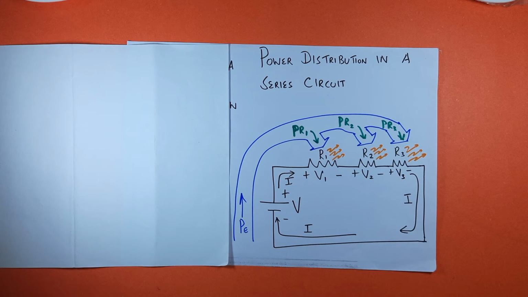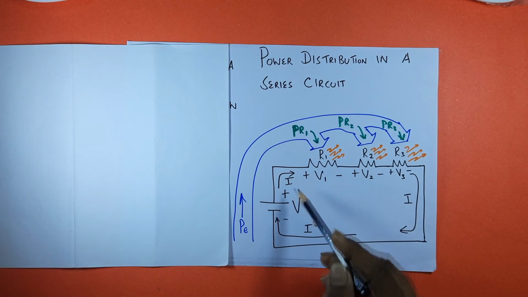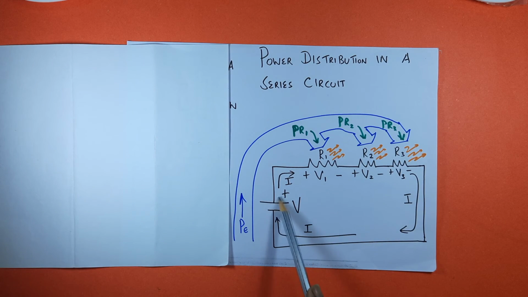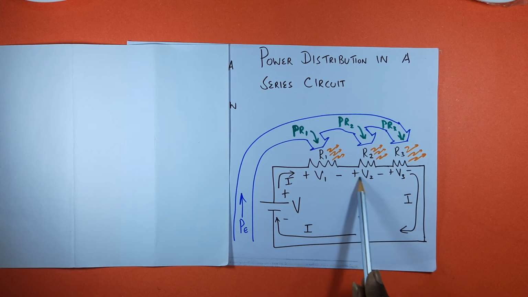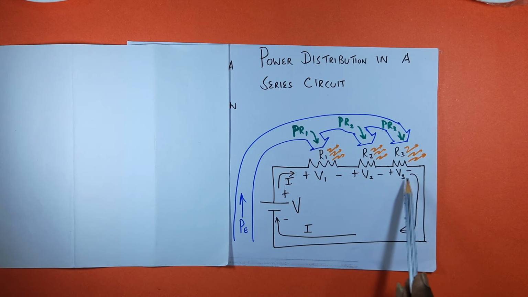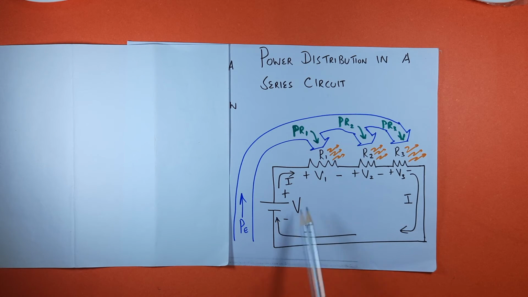Conventional current always starts from the positive terminal of the battery, flows through the various parts of the circuit, and finally returns to the negative terminal of the battery. So here, current I starts from the positive terminal, flows through R1, R2, R3, and finally reaches the negative terminal of the battery.